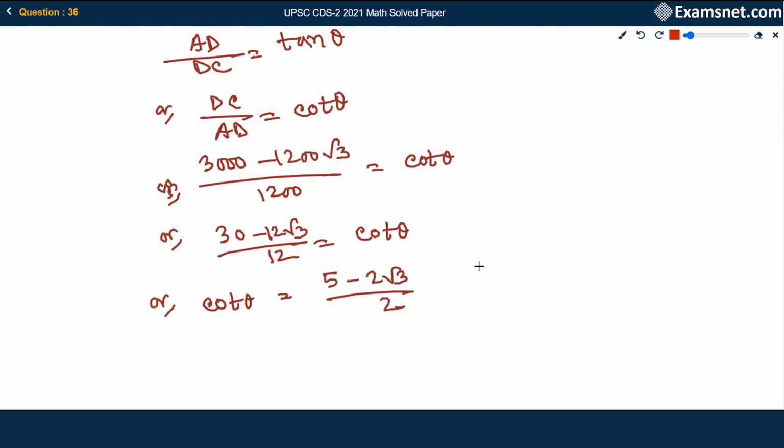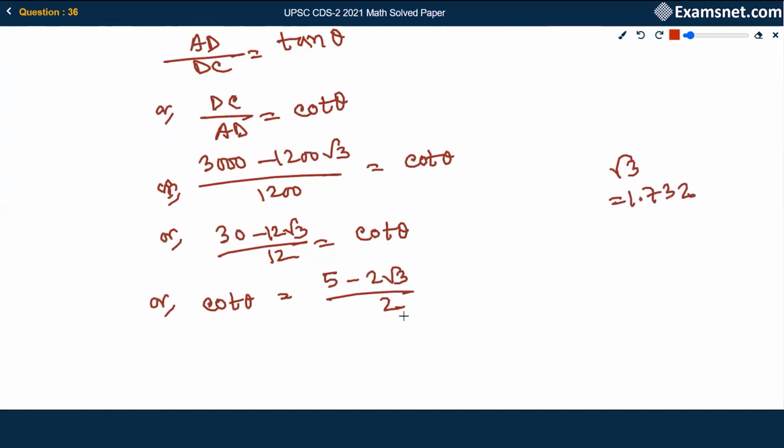So that will give us the value. We also can write the value of root 3 as 1.732.